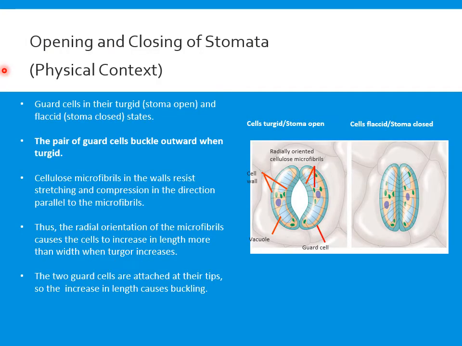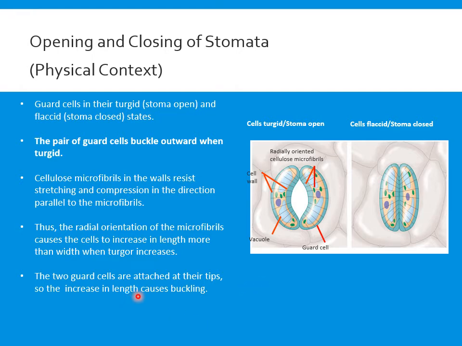So we look at the physical context, especially the guard cells, in terms of their turgidity. When they are turgid, the stoma will open. When they are not turgid, the stoma closes and the guard cells become flaccid. So the pair of guard cells will normally buckle outward when they are turgid. And how does this happen? Because of the presence of cellulose microfibrils in the wall, which resist stretching and compression.